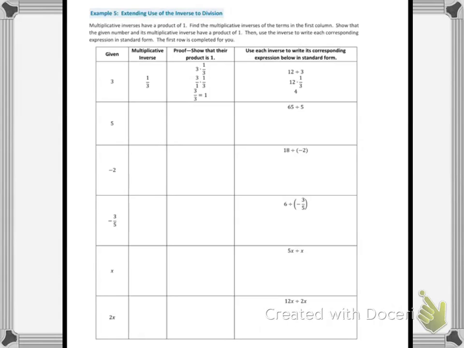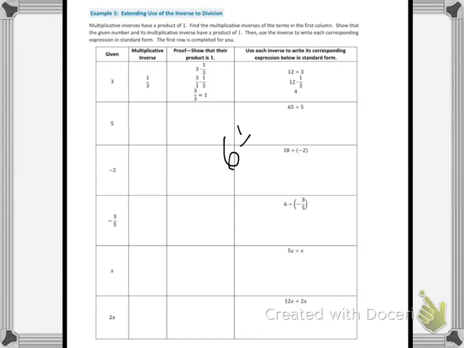And the way we do that, as many of you know, is we take the reciprocal of the number we are dividing by, and then we can go ahead and multiply.